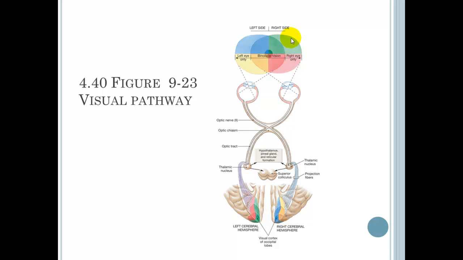So your right eye and your left eye overlap in an area. This overlap is where you get binocular vision, and that's how we normally see. You lose some of your periphery if you're only seeing out of one eye. This left eye will place its visual information in the right hemisphere, and vice versa: the right eye in the left hemisphere.